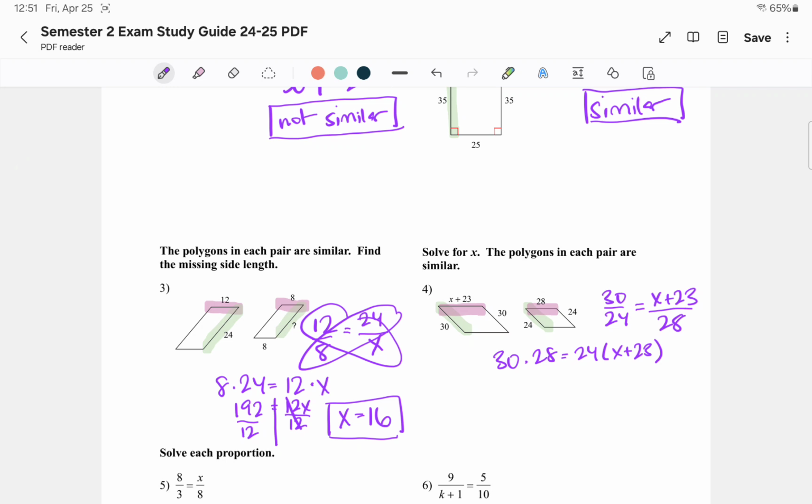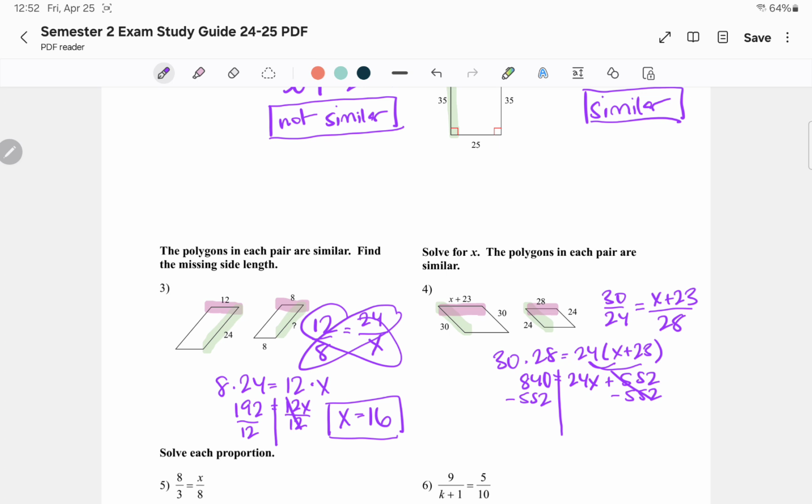30 times 28 is 840. I'm going to distribute this number. So 24 times x is 24x plus 24 times 23 is 552. And to solve for x, I'm going to subtract 552 from both sides.